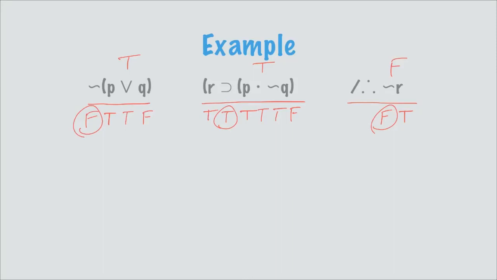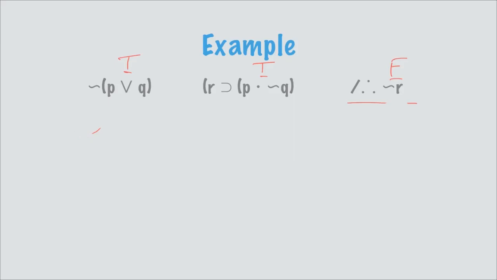So that's just one possible substitution. Now notice, because I don't have all true premises and a false conclusion with this substitution, at this point the argument still looks good. But that doesn't tell me anything, because I just picked one possible substitution. There are other possible substitution instances, right? So in this case, I have to try them all to be certain that some other possible combination of trues and falses doesn't actually lead to an invalid argument.